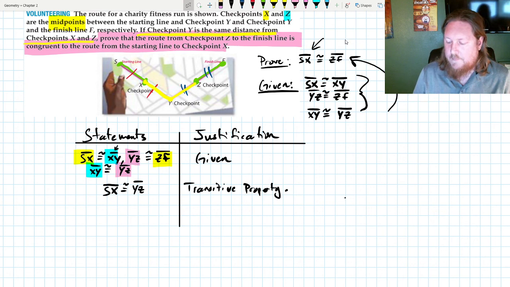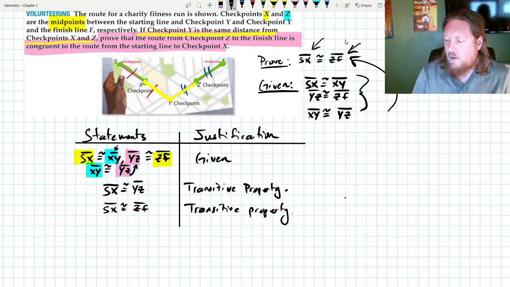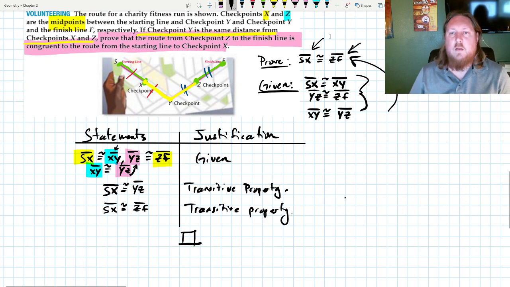And we also know that YZ is already congruent to ZF. So I can use SX congruent to ZF. Again, we're using the transitive property. And oh, look at that. Well, we are already at what we want for our conclusion. And there's the end of our proof.